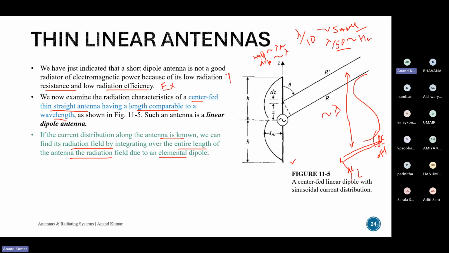Similarly, we can integrate the electric field to get the effect of the full antenna. We take a small section and ask what the electric field is at this distance due to that section. Then the next section will have some effect; let's say this is E1, and the next will give some E2 at the same point. I hope everybody remembers the principle of superposition.